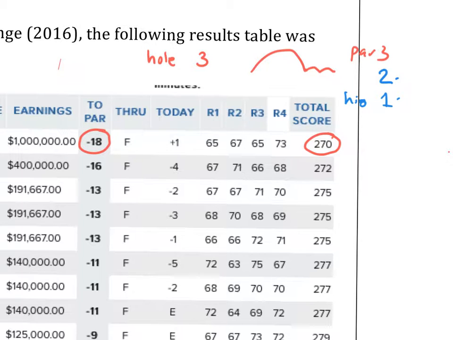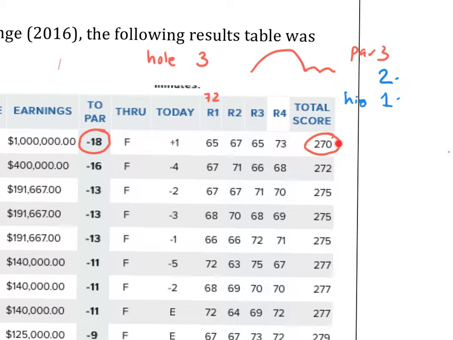So for round 1, par was 72, and in fact 72 is all the way across the board. In other words, it should take you 72 swings to finish the round. But notice what this guy has consistently done: he has consistently gone under par.